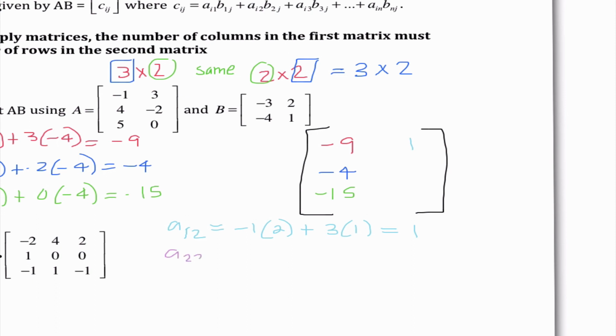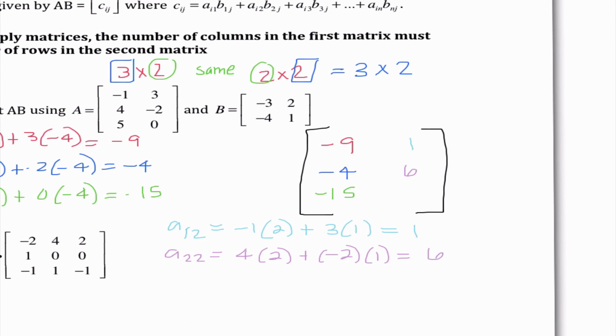Okay, A sub 2, 2 means row 2, column 2. So I have 4 times 2 plus negative 2 times 1. So 8 minus 2 is 6.